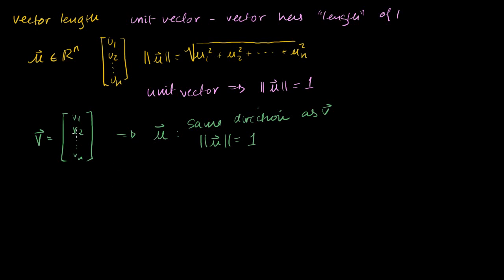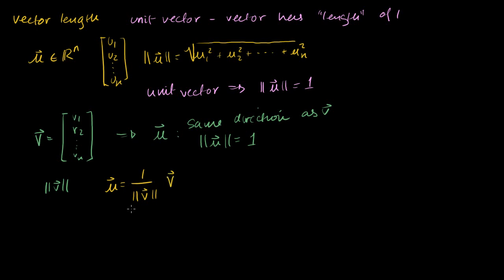Well, what I could do is take the length of v. I could find out what the length of v is, and we know how to do that. We just apply this definition of vector length. And what happens if I figure out the length of v, and then I multiply the vector v times that? So what if I say u is equal to 1 over the length of v, times v itself?